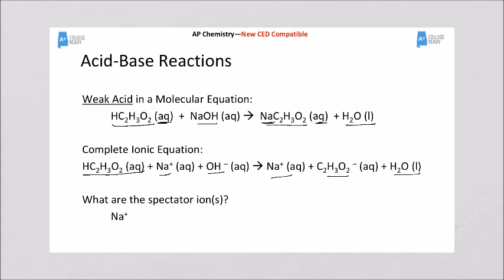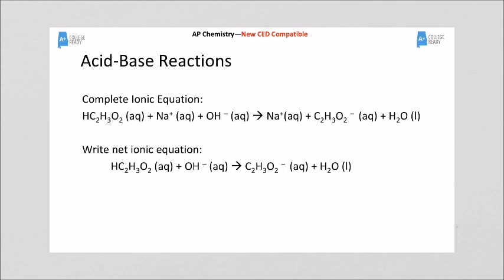Notice in this example that there is only one spectator ion, which is our sodium ion. It is the only ion that is exactly the same on both sides of the reaction. I can't do anything to the acetate ion because it is part of this acid formula. Notice these two substances do not look the same. I cannot mark out anything else. So one spectator ion in this weak acid example.